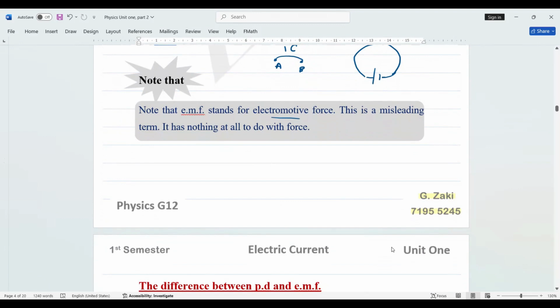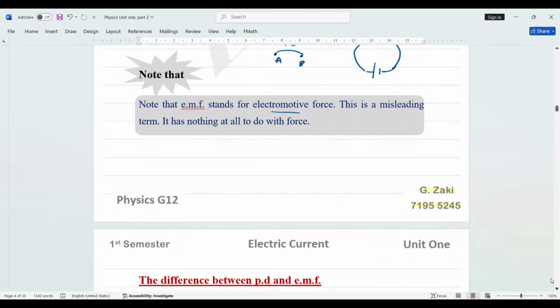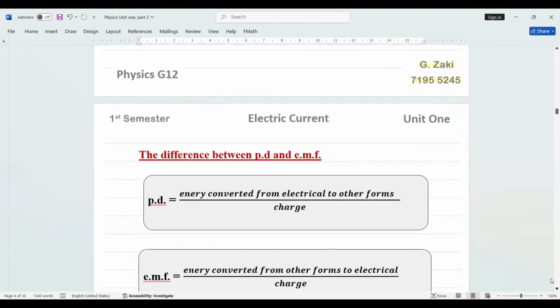Now, the difference between both again. The potential difference is the energy converted from electrical to any other forms per coulomb. But EMF is the energy converted from any other forms to electrical.